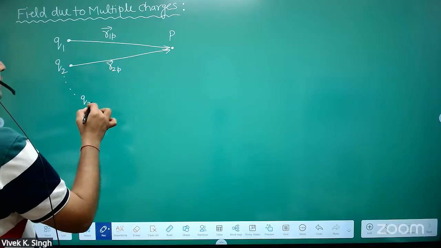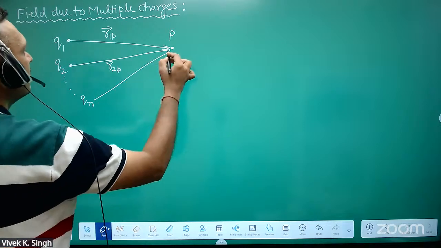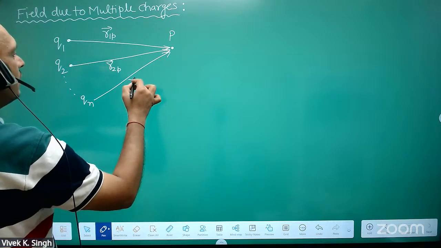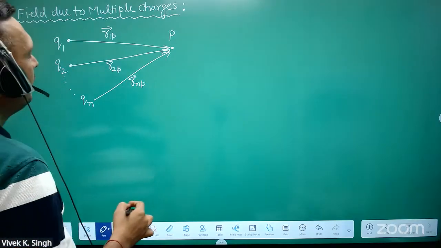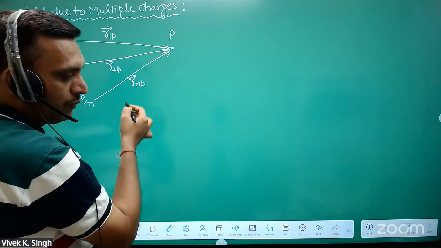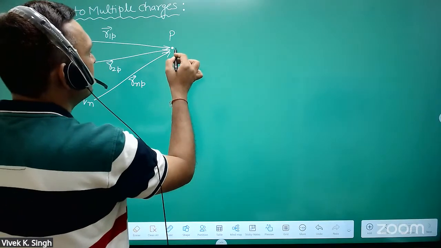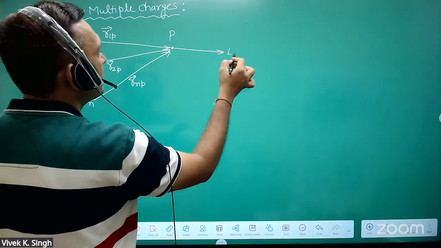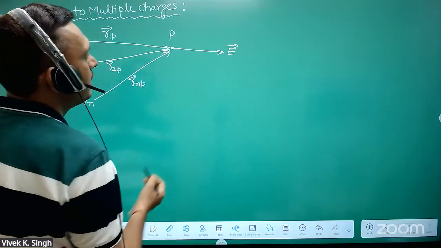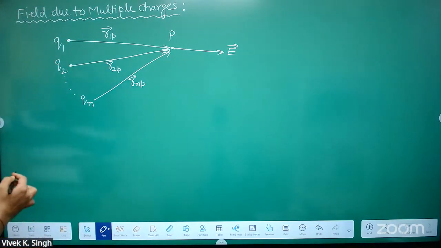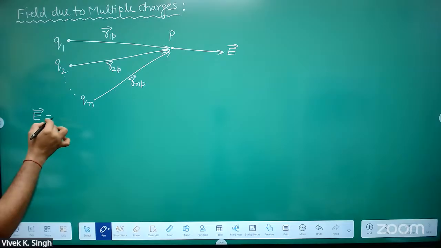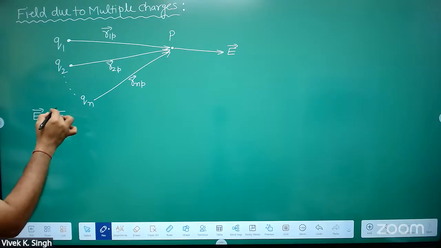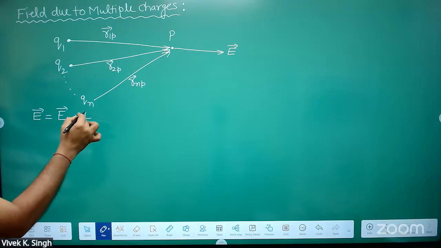If there are n charges, RnP. So find the electric field due to individual charges, then take the vector sum, and let's say E is the resultant field. तो ये resultant field क्या होगा? Resultant field is the vector sum of the electric field due to individual charges.